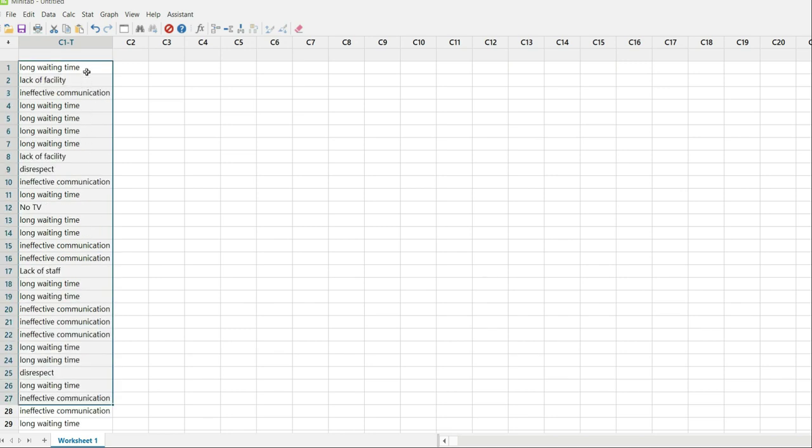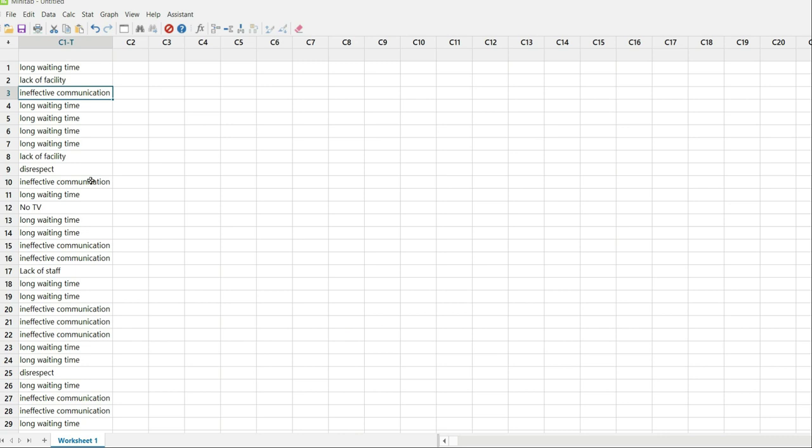What is the reason? So I took the exact data from each patient. Like this is the reason from the first patient, long waiting time. And what is the reason from the second patient? Lack of facility. And the third one is ineffective communication. Similarly, these are the exact reasons from each patient regarding their dissatisfaction.